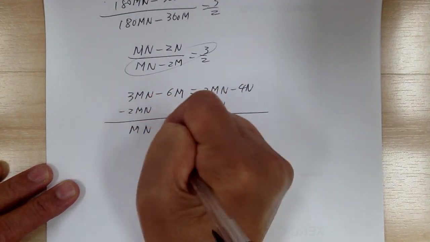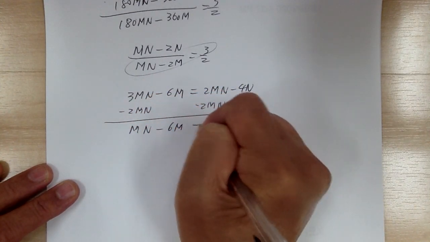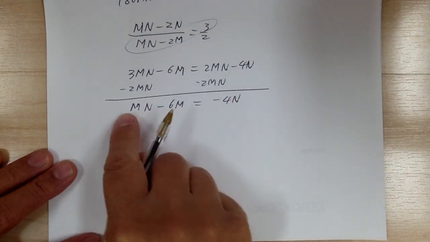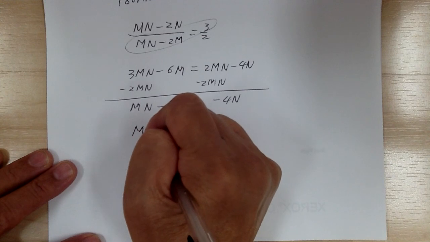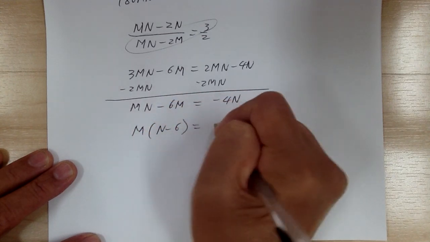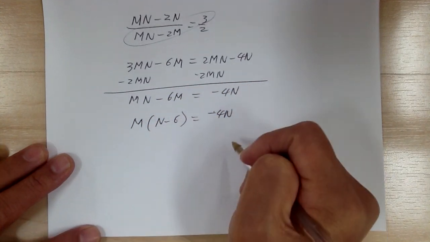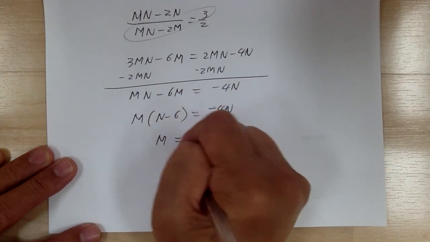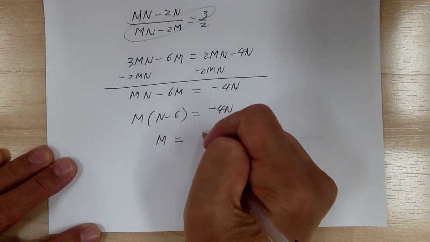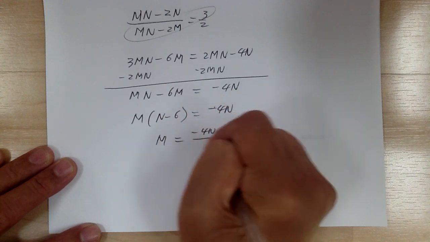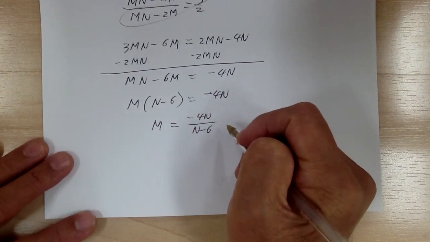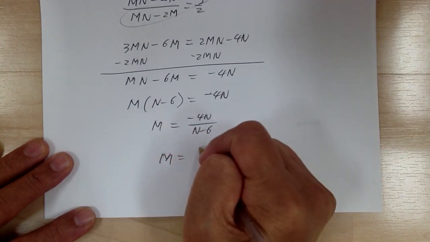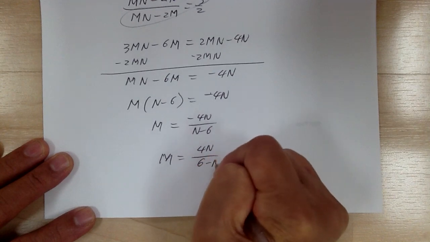So Mn minus 6m equal to negative 4n. Go and factor the m, and then go and divide. So m equal to negative 4n over n minus 6. And I'm going to switch the negative. So m equal to 4n over 6 minus n.